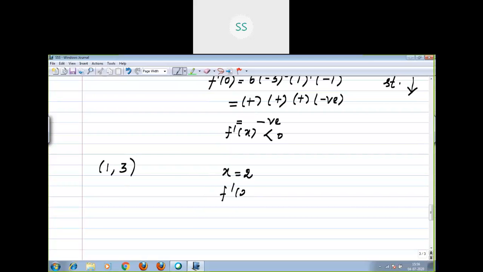F dash of 2 equal to 6 into (2 minus 3) the whole square, (2 plus 1) the whole square, (2 minus 1). See, first is positive. Again, (2 minus 1) the whole square, that is also positive.